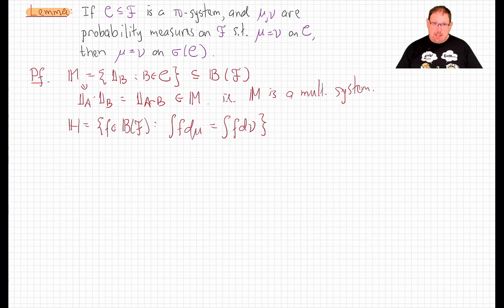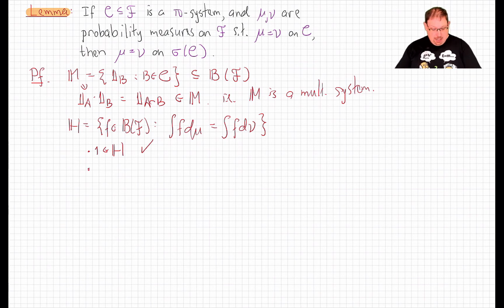In order to apply Dynkin's multiplicative systems theorem, we need to verify a few things. We need to verify that 1 is in H. That is to say that 1 is a bounded function, of course, that integrates to the same thing against mu and nu. But of course, the integral of 1 against mu and nu are both 1 because mu and nu are probability measures, and so indeed 1 is in H.